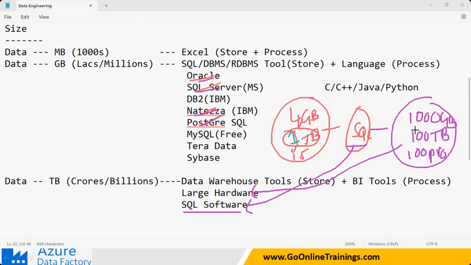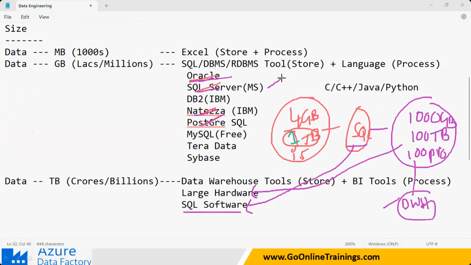Clear? So this machine is called a data warehousing machine. People will say Oracle data warehousing server, SQL Server data warehousing server, DB2 data warehousing server, Teradata data warehousing server. Did you understand clearly?